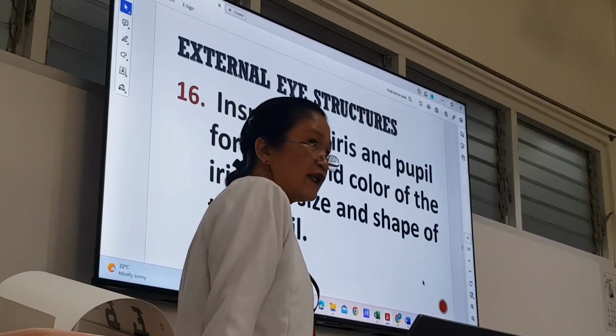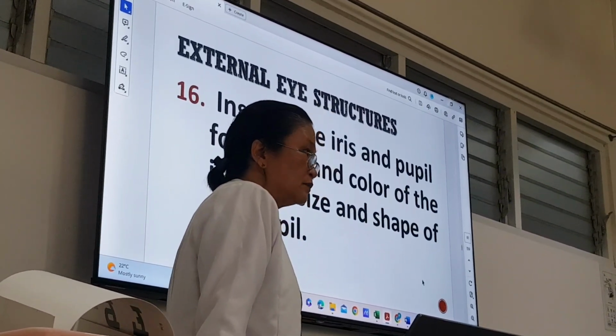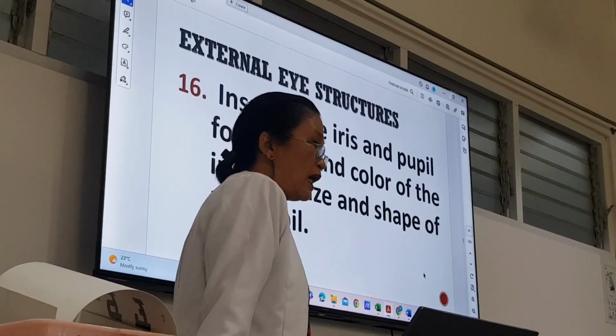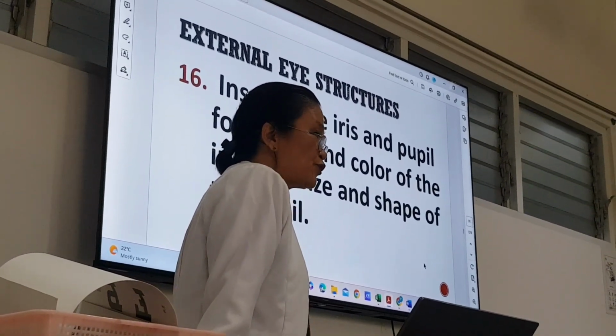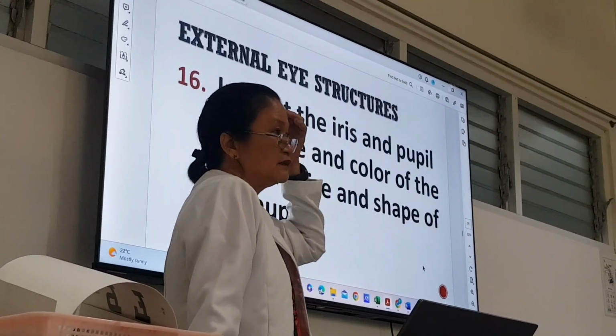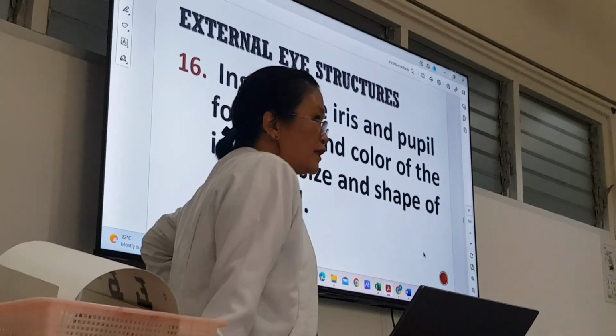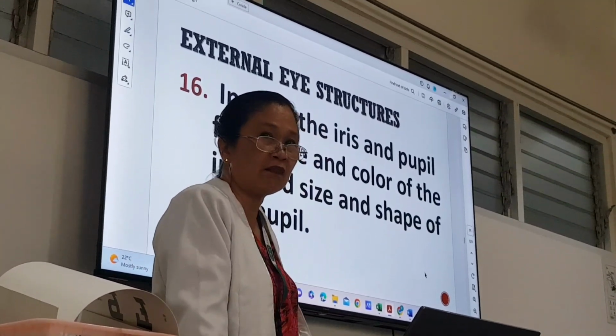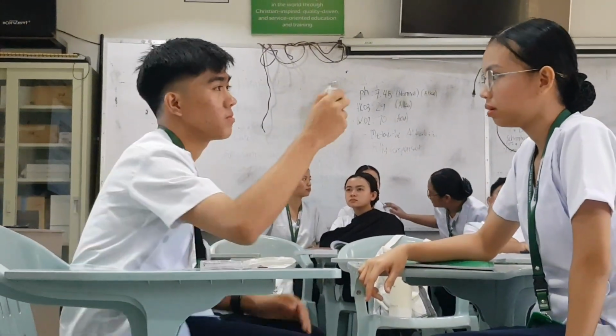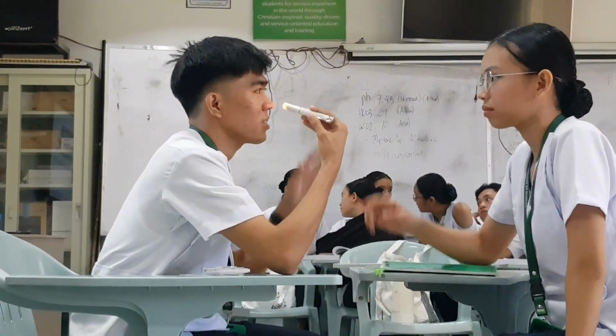What is the iris? What color is your iris? Are you sure your iris is black? Dark brown. Which is bigger, your iris or your pupil? Iris. Your pupil is at the center of your iris. So check now the iris and see what color, because you can also see the color.